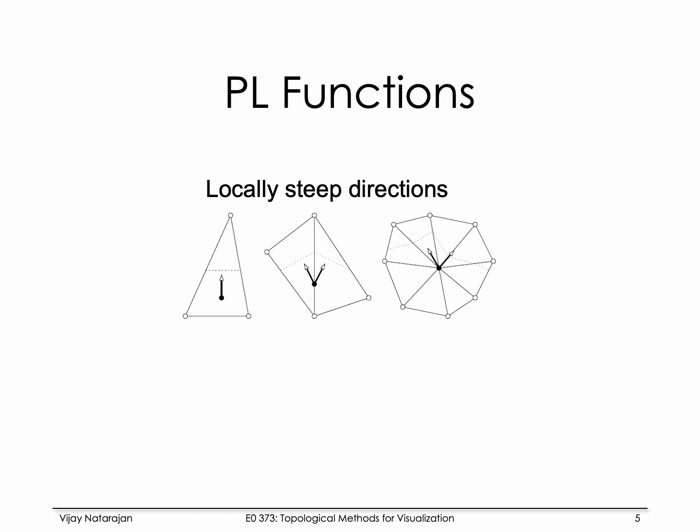For example, if you compute the gradient restricted to each triangle, you get one vector per triangle, and we can choose the steepest among each of those vectors.